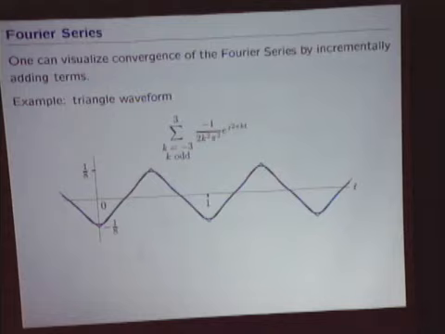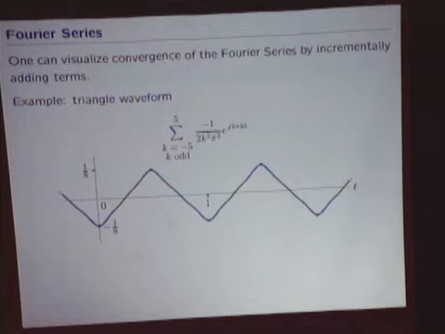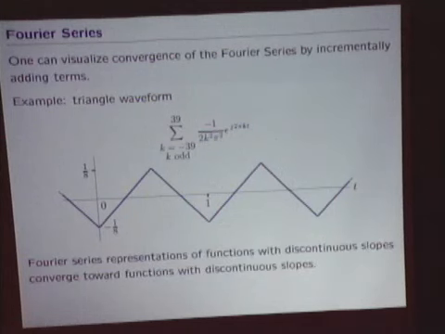If you add another term, the next non-zero term is the third one. So if you write the sum of the k equals 1 term and the k equals 3 term, you get this waveform. Notice that the effect of that was to creep it toward the underlying signal. If you add another term, 5, 7, 9, it's getting closer, closer, closer. 19, because I got bored making the figures, so I skipped a bunch. 29, 39.